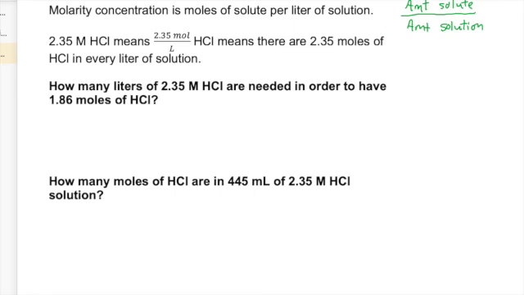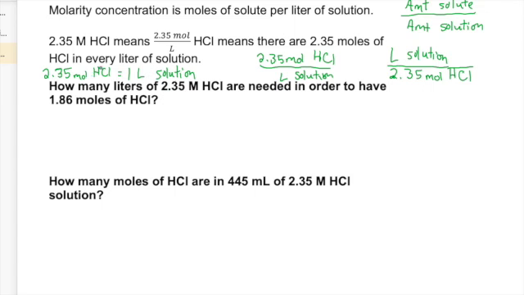For molarity, it's moles per liter. Okay, so I have written the molarity as a relationship here: 2.35 moles of hydrochloric acid being equal to 1 liter of the hydrochloric acid solution. So that's the relationship that's expressed by that molarity. That relationship can be written as either of these two conversion factors.